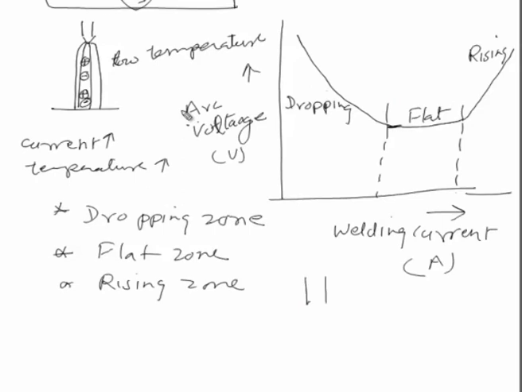But a further significant increase in the welding current also increases the size of the arc. With the increase in size of the arc, up to a certain limit, the increase in temperature takes place, but thereafter a significant increase in size of the arc leads to increased losses of heat to the surrounding.